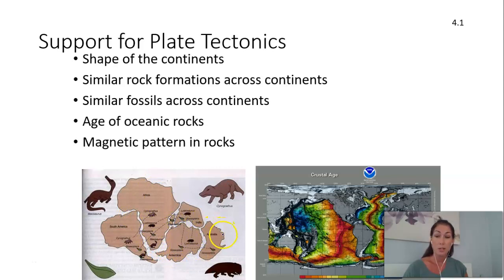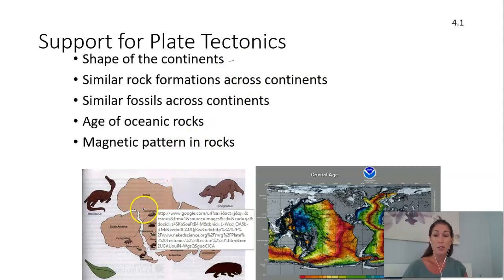Here's Antarctica, here's Australia. So the shape of our continents at one point in time was one giant landmass. So we did have one giant landmass that we called Pangaea. And then Pangaea broke apart into two pieces, and then it continued to break apart into the shape that we know today. So one thing is the shape of the continents, that we know that they kind of fit together.